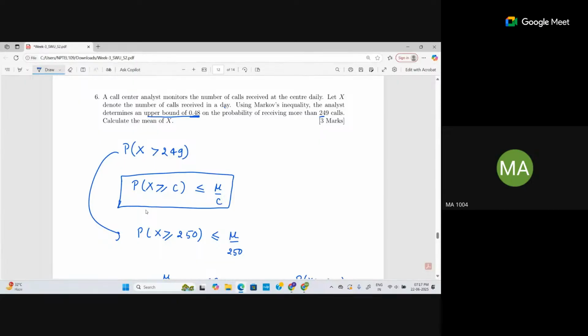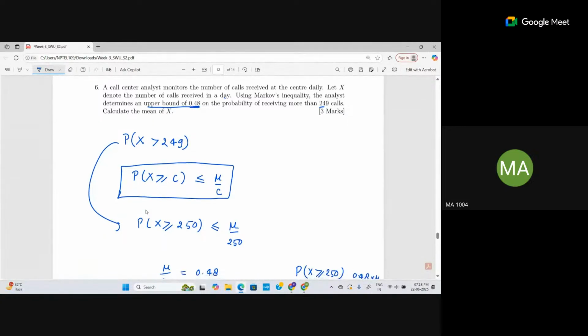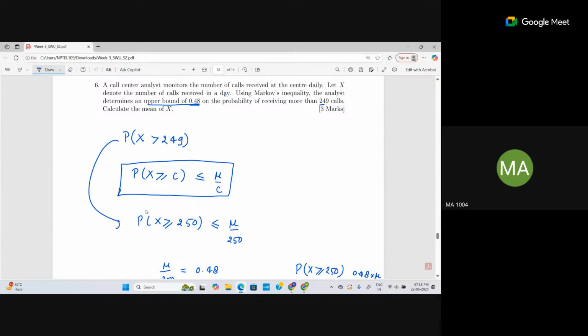So the probability that you will get more than 249 calls, or equal to or greater than 250 calls, will be less than or equal to 0.48. This is given to us. Or you can say 1 by 250 times mu.